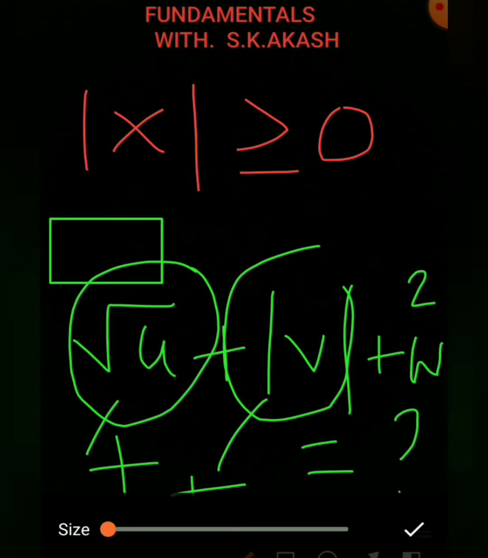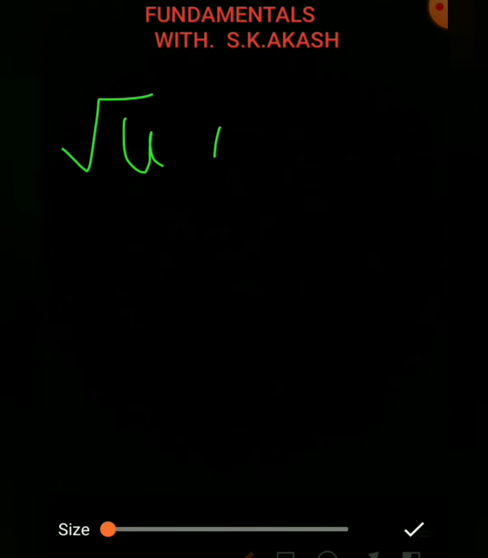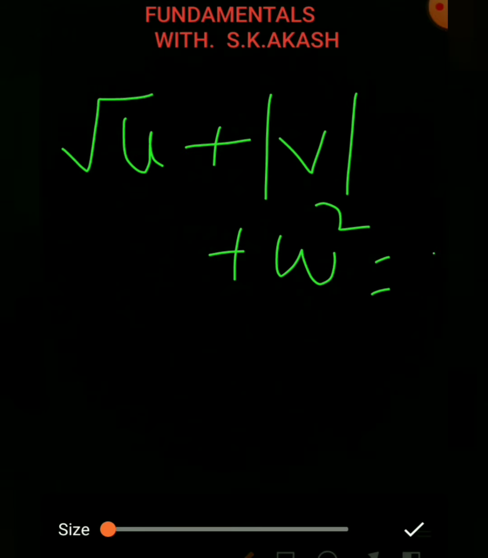So root of u is greater than or equal to 0, and modulus also is greater than or equal to 0. Here w square can be positive or negative, but according to this situation, root of u, modulus of v and w square will each be equal to 0, because everything can be equal to 0.